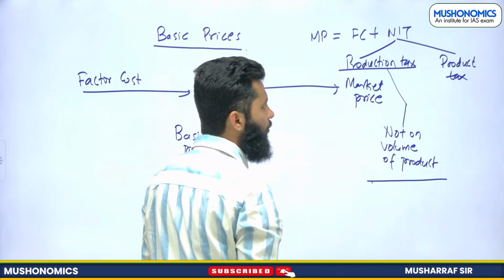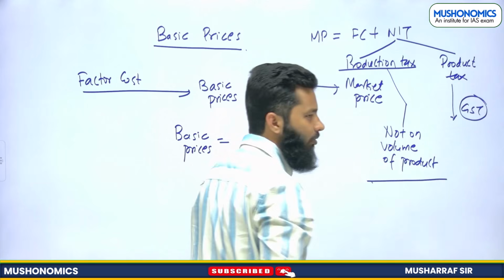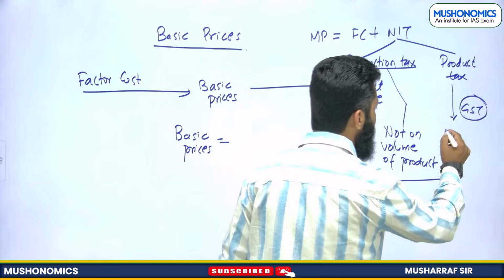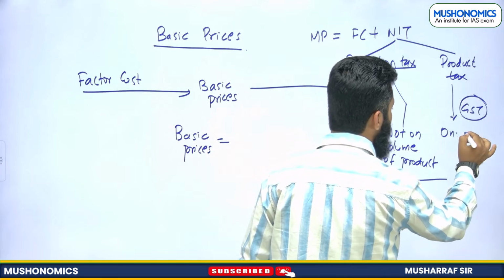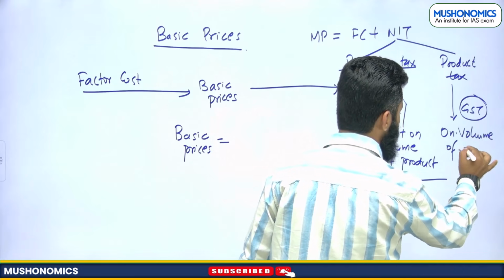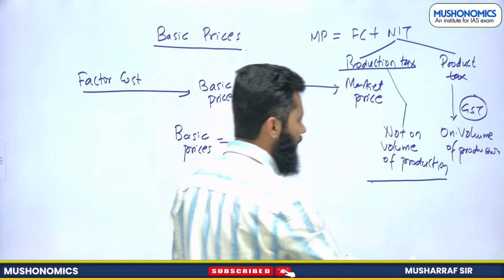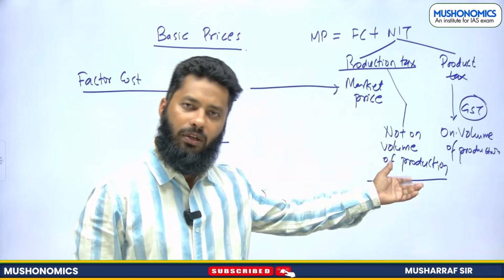And product tax, for example GST that we pay on sale and purchase, right? So this is on volume of production. This is not on volume of production, rather it is associated with the production activity only.